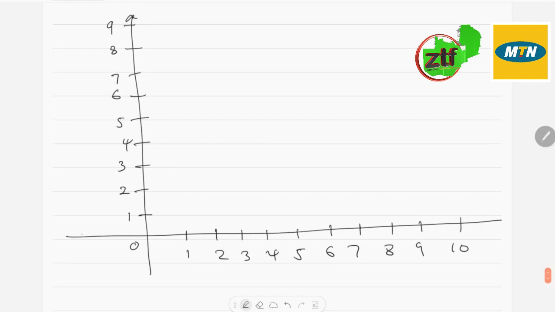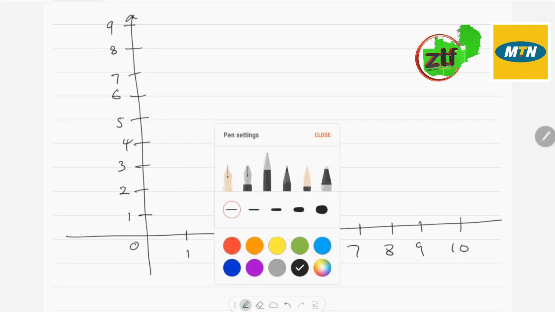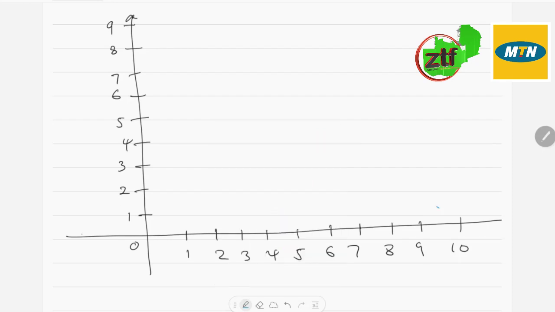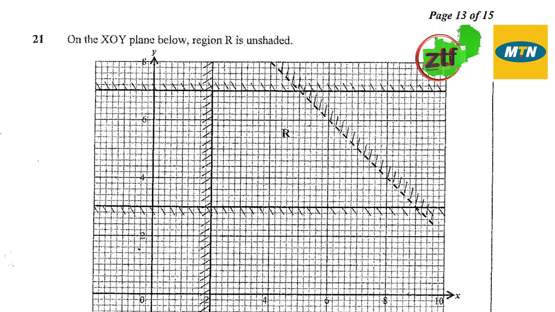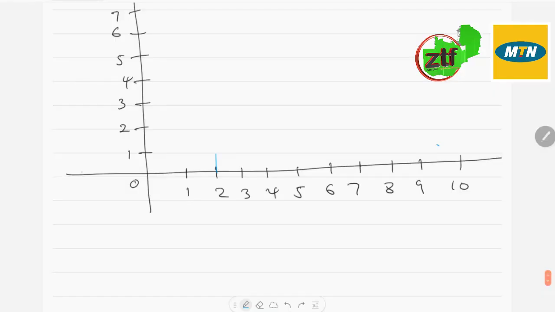So the first constraint, when you look at the question, let me use different colors. You will see that the first line is passing here, going upwards like that. It's passing at 2, going upwards, like that.